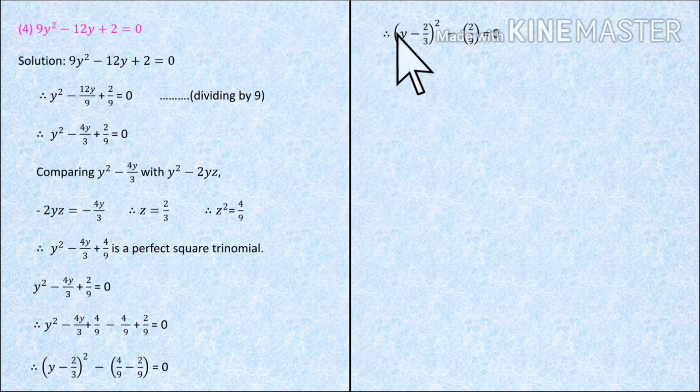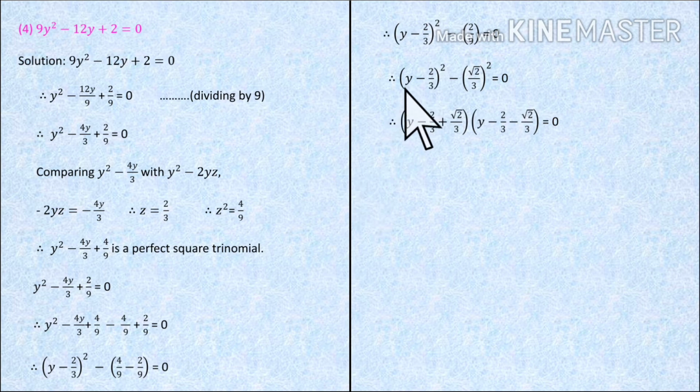Then we get (y minus 2 by 3) whole bracket square minus 2 by 9 is equal to 0. Now make the square of this 2 by 9, so we can write minus (root 2 by 3) whole bracket square.